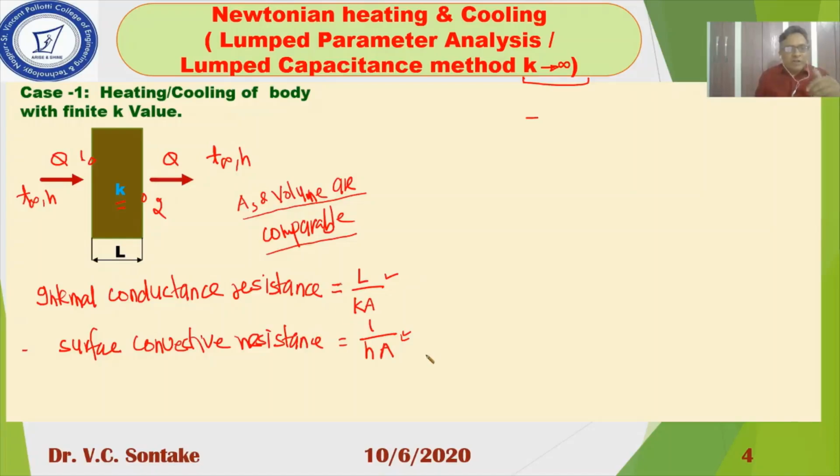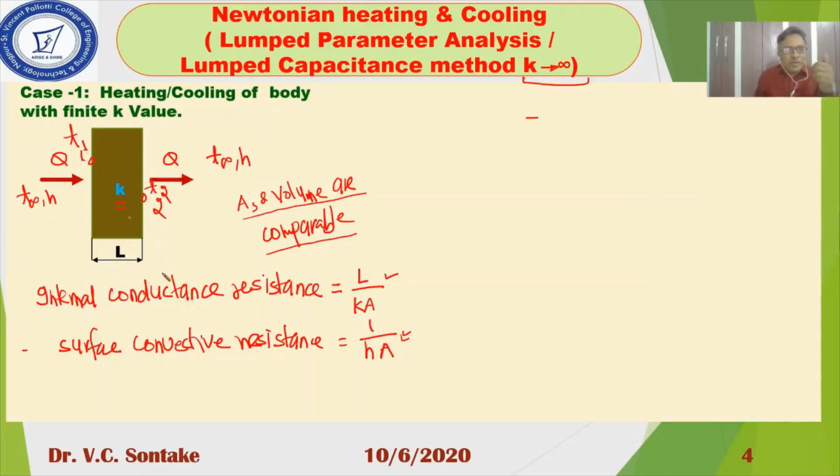As a result of the finite thermal conductivity value, the body is going to offer L over Ka internal conductance resistance, and the surrounding fluid is going to offer 1 over ha convective thermal resistance. Because of this resistance offered by the material of the body, the left surface and right surface of this body will have different temperatures, let's say T1 and T2 respectively.